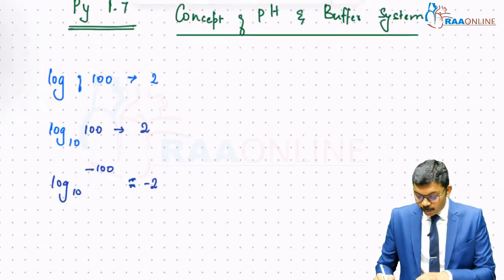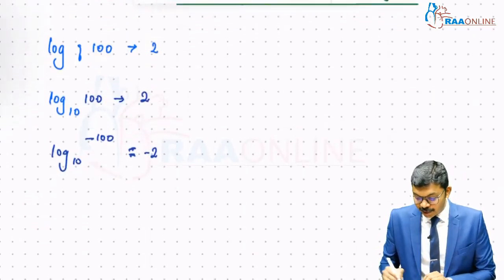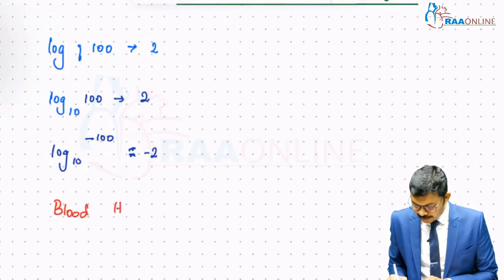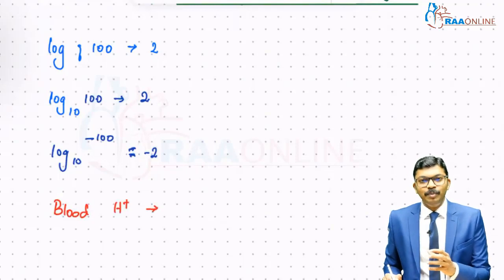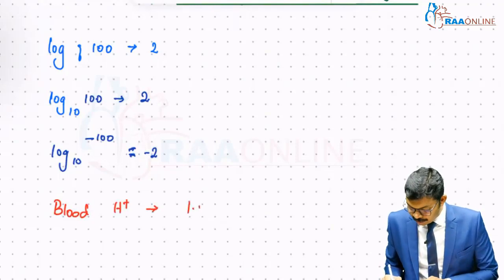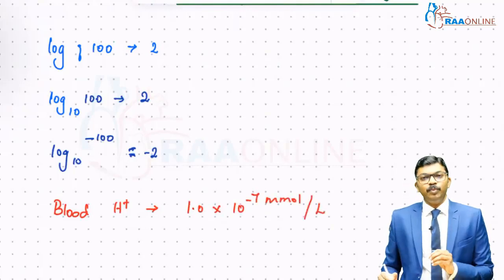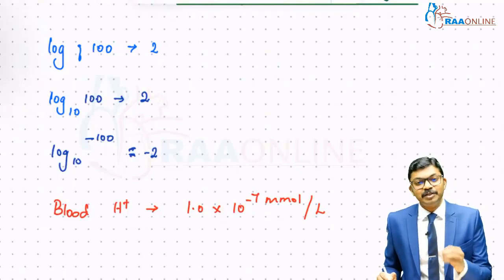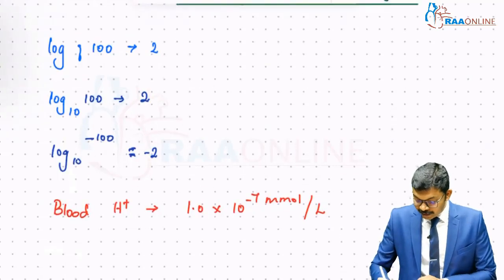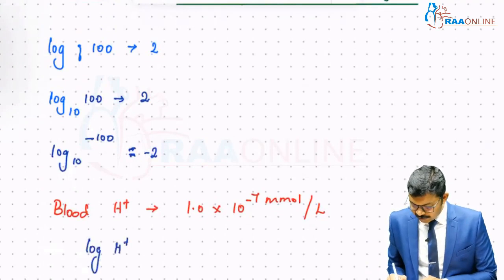Which is why, when it comes to blood hydrogen ion, or plasma hydrogen ion, the quantity of plasma hydrogen is going to be 1.0 into 10 to the power of minus 7 millimoles per liter. The quantity of hydrogen is extremely small, which is why the logarithm of hydrogen ion concentration is going to be 7.0.